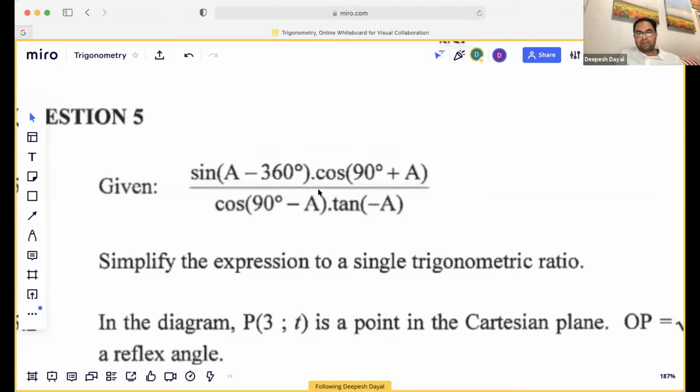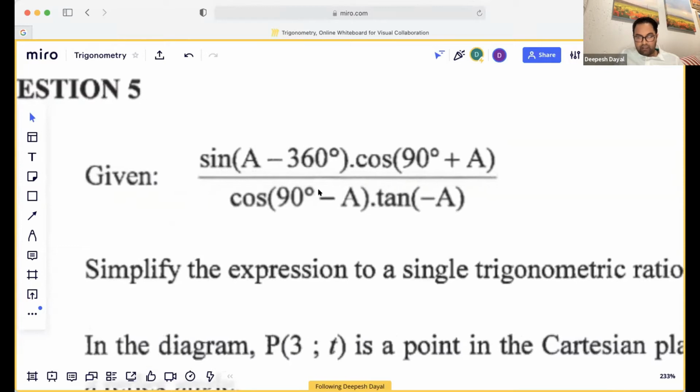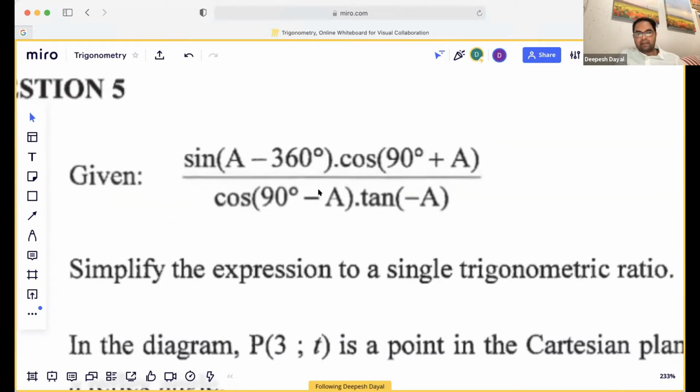So let us try it out and you can just shout out your answer once you get it. Try this one based on the diagram. You can just type out your answer once you get it. I'm going to wait for your answers.